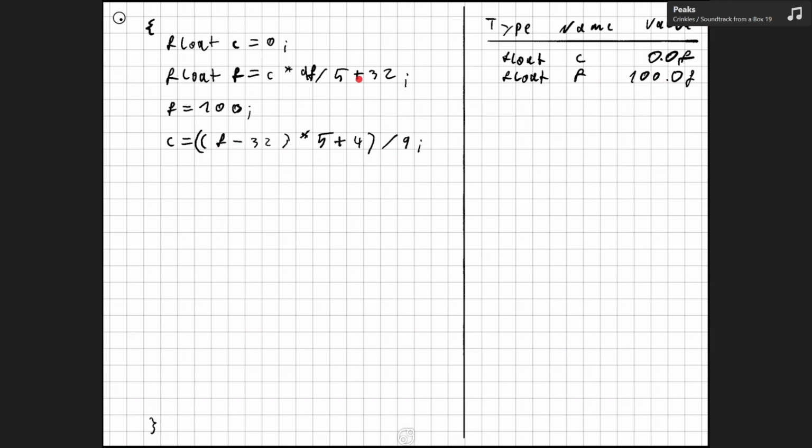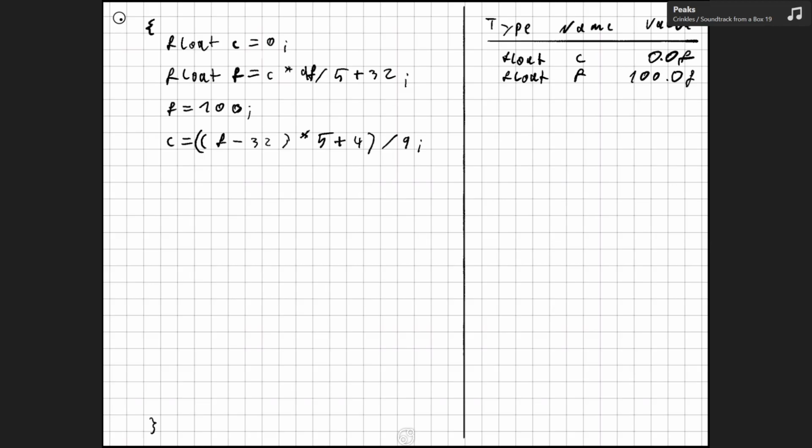And all the same rules apply as above here. We have a float minus integer, so it will convert the integer, cast it to float, and subtract it. Result is a float, which is multiplied with an integer. The 5 is cast to float from integer, multiplied, and result is a float. Add an integer, cast to float, and result is float. Divide by 9, cast from integer to float, and result is a float.